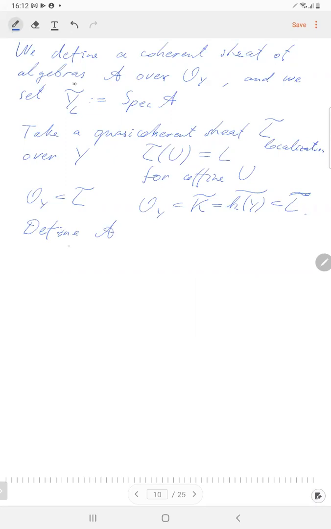And finally we define the desired coherent sheaf of algebras as its sections over U is the intersection of all points in U, the integral closure of the local rings in the field L. Okay, so we wanted all our local rings to be integrally closed, and we did this just by decree, right?